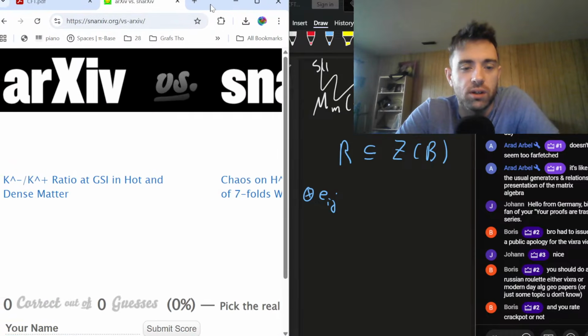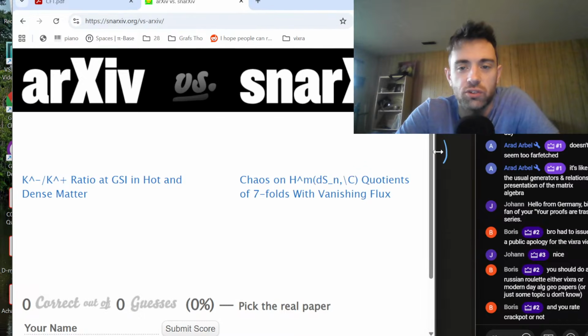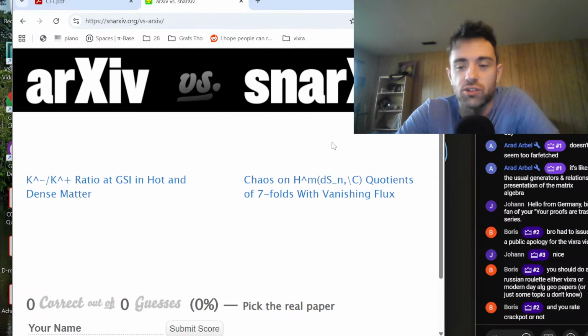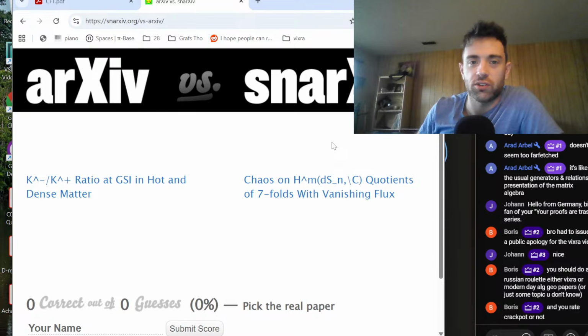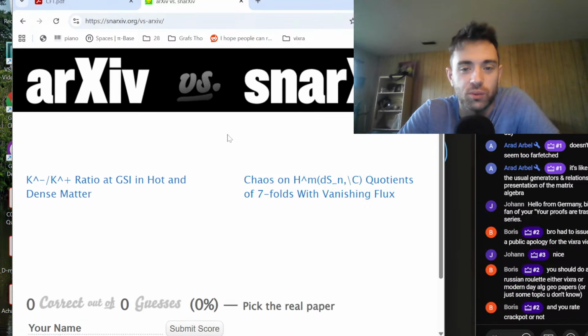So basically you have to guess whether, and this is a very old site, so this is like pre-AI, which makes it all the more impressive. And so you have to guess which one is a real paper, and which one is not.